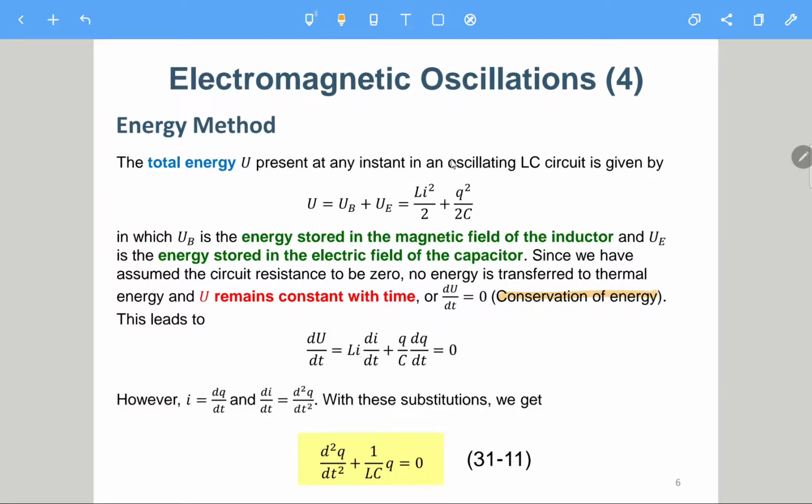When we take the derivative of this one, L is a constant, so it is a factor out, and the derivative of i squared will be 2i. So these two and these two cancel.